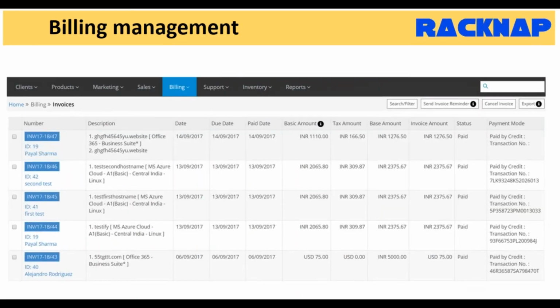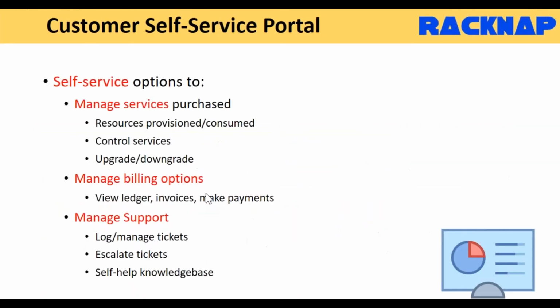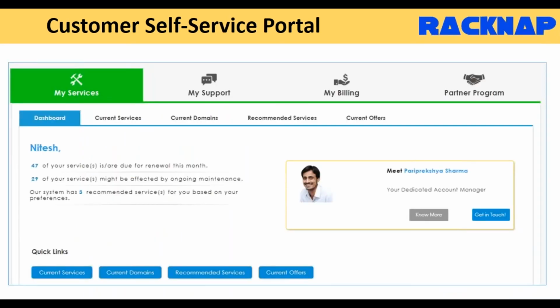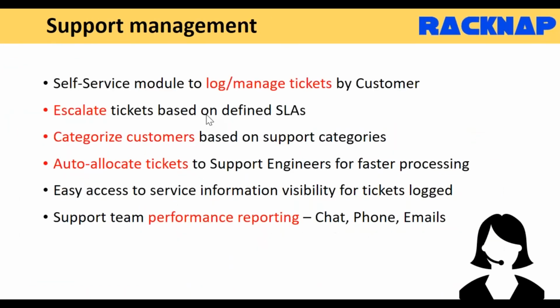This is a visual view of the billing options available. Customer self-service, we looked at all the functions, what the customer is actually able to do, right? We looked at services around what he's able to control and downgrade, billing, manage support, etc., as well. And we also looked at the customer self-service portal. And support, we looked at escalation options.